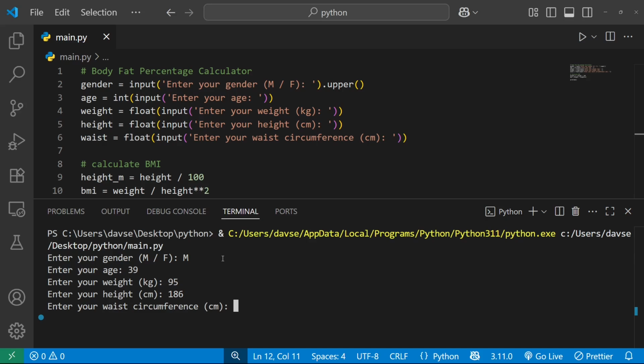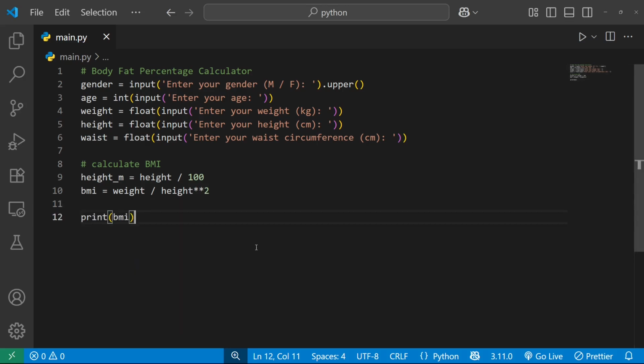Waist, I have no idea, guys. 80. Okay, and this is our BMI index.